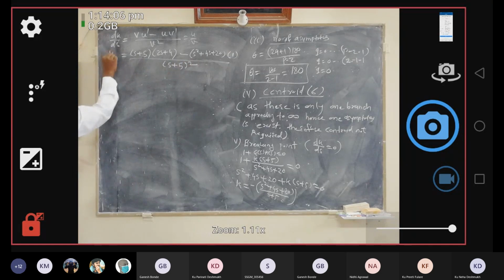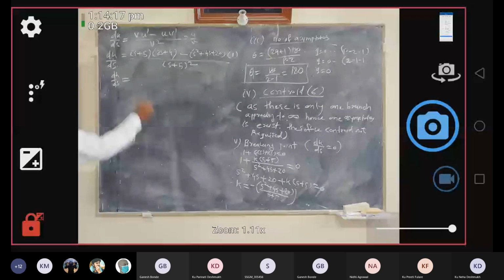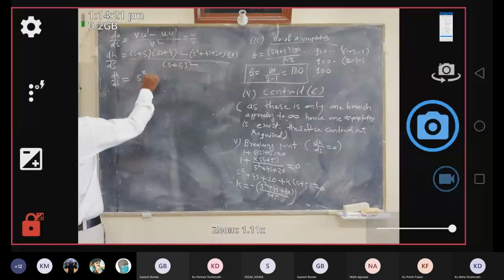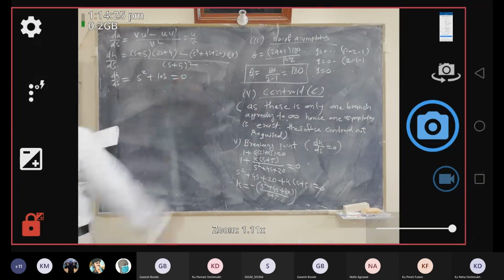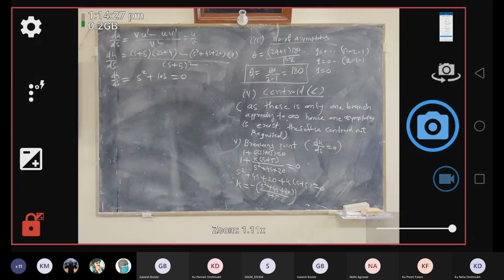So this could be dk by ds. So simplify this and find dk by ds. After simplifying, you will get s square plus 10s, which is equal to 0. So find the roots of this equation.